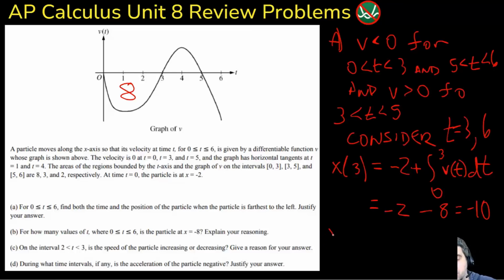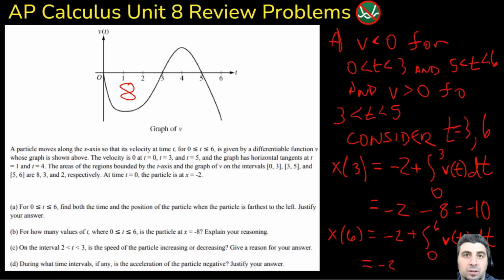Then we need to figure out the position when t is 6. Again, we're going to take the initial position plus the integral from 0 to 6 of v of t dt. That's just going to be negative 2 plus the sum of the signed areas. So that first area was 8, this area is 3, and the last area was 2.